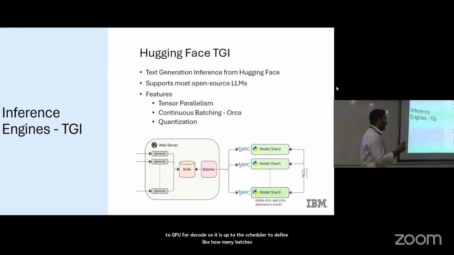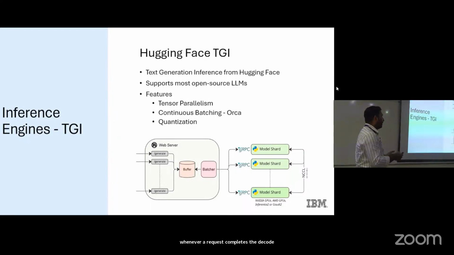Whenever a request completes the decode, whenever end of sequence or the user-provided limit is reached, you take a request out of the batch and schedule a prefill. All those decisions will be taken by the batcher. It has become popular because of the vast number of models it supports.